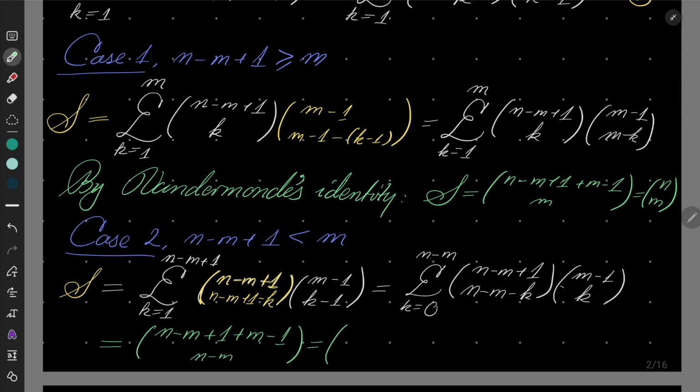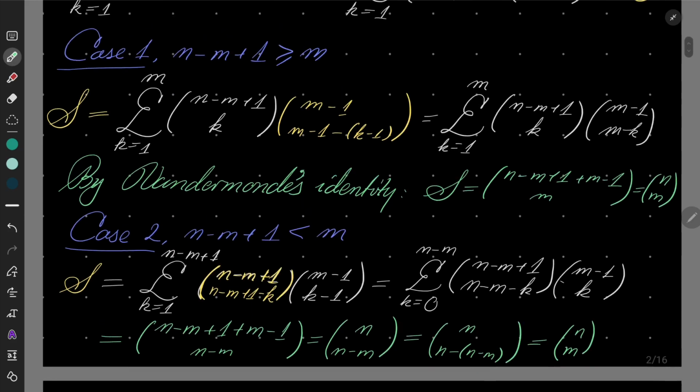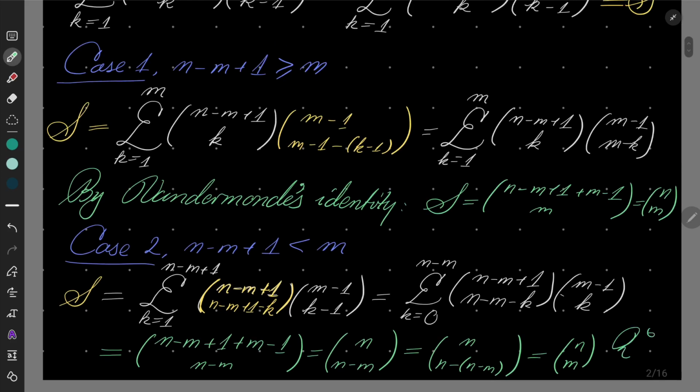That is n choose n minus m, and by symmetry, n choose n minus m is just n choose m, which closes our proof and closes our video.